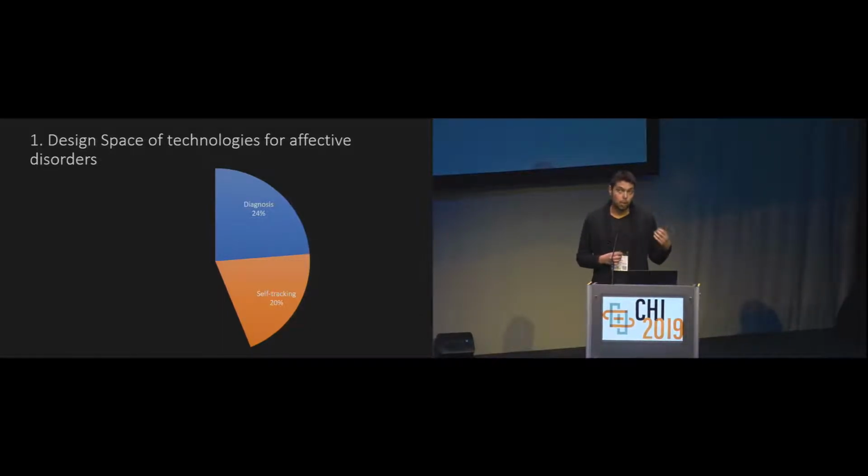The most common function of the systems, with 24% of the reviewed research, was concerned with diagnosing symptoms related to affective disorders, so predicting manic or depressive episodes and things like that. Mostly making use of passively collected data from mobile phones, such as mobility patterns and so on, but also looking at social media posts and things like that.